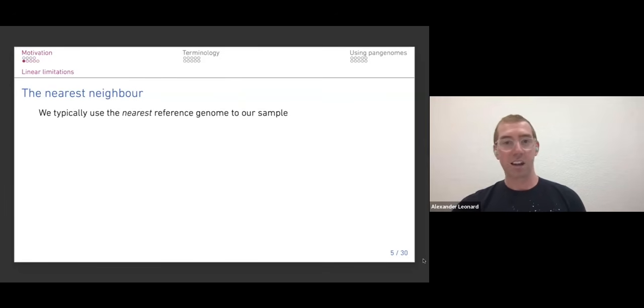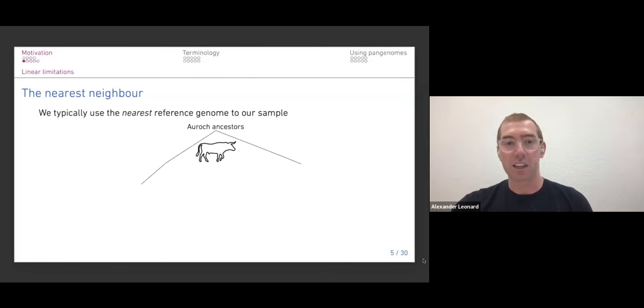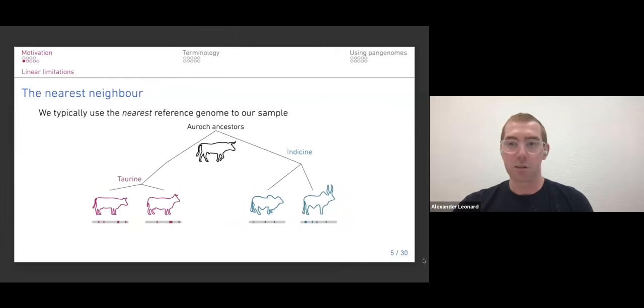So again, at least in cattle, we typically talk about something like the nearest reference genome to our sample. The ancient ancestor of cattle was the aurochs, which then splits into the taurine and indicine subpopulations. So if you have some sort of taurine cow, great, you can use the taurine reference. If you have some sort of indicine sample, great, you can use the indicine reference. But biology is rarely so neat.